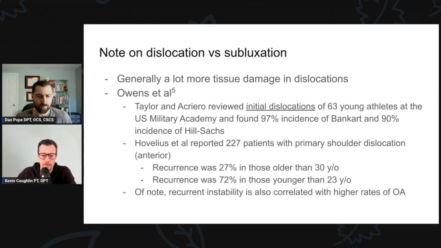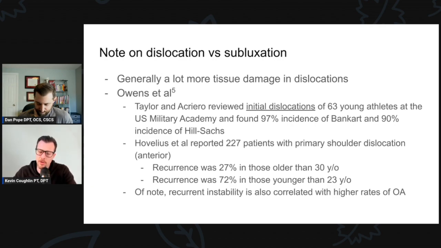This one was citing another article where they reviewed initial dislocations of 63 young athletes at the U.S. Military Academy, and they found in that group that 97% had a Bankart tear and 90% had a Hill-Sachs. So a first-time dislocation, those very high rates of some pretty significant pathology. So it's not like it just pops out and now they're loose. There's some anatomical disruption there.